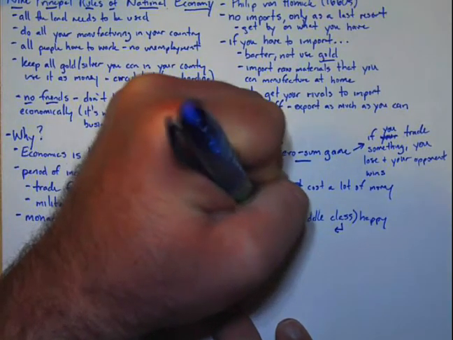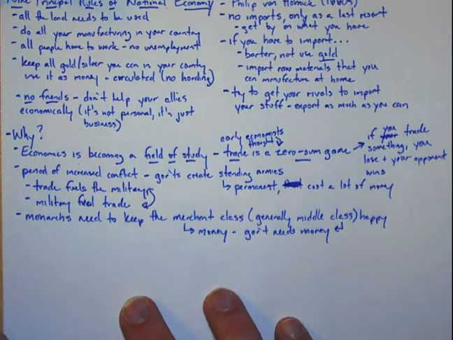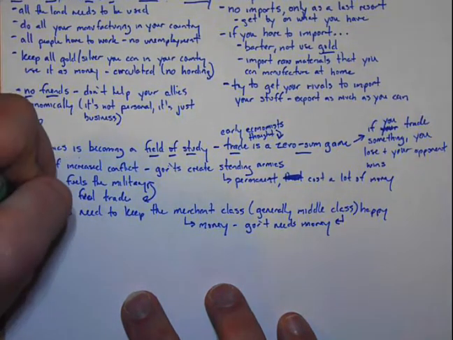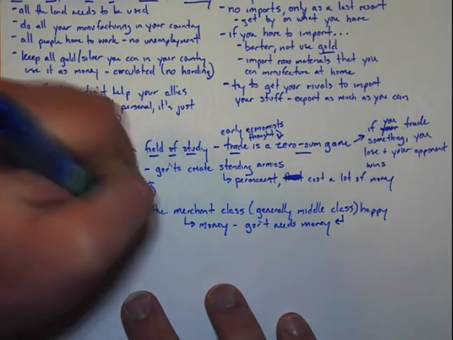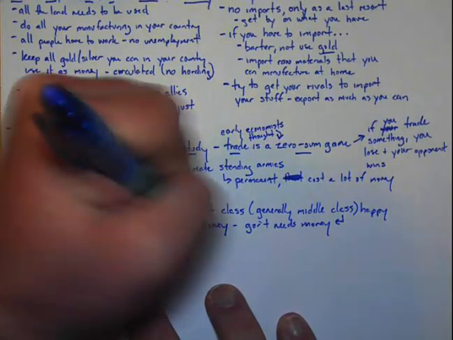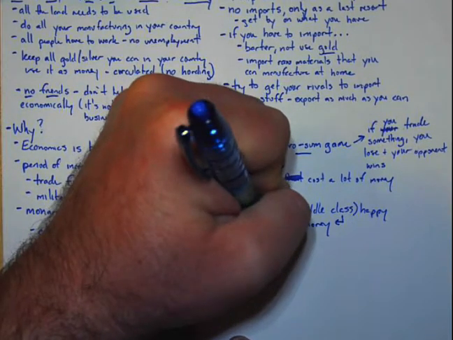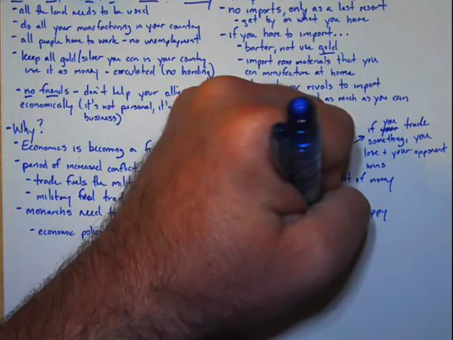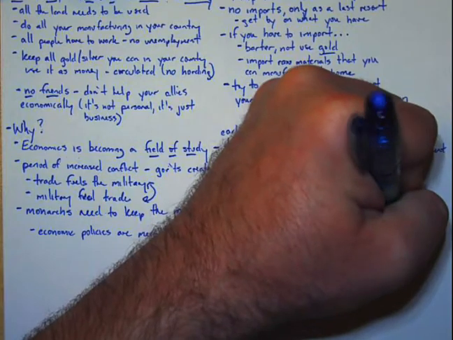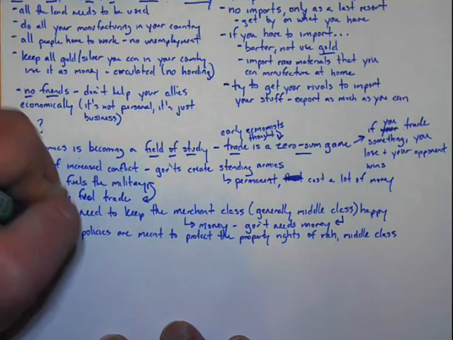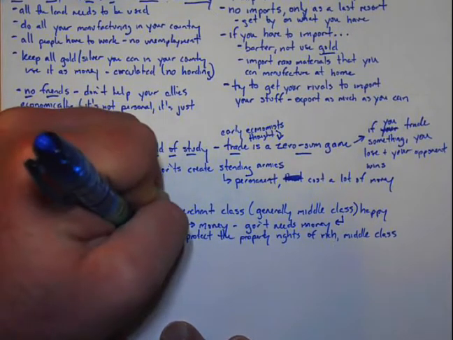And the government needs money. So these economic policies are meant to protect the property rights of these rich middle class people and keep them paying taxes.